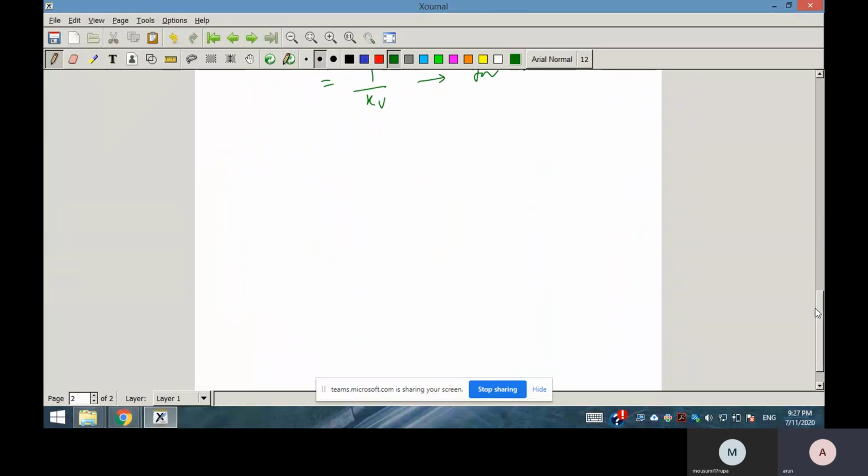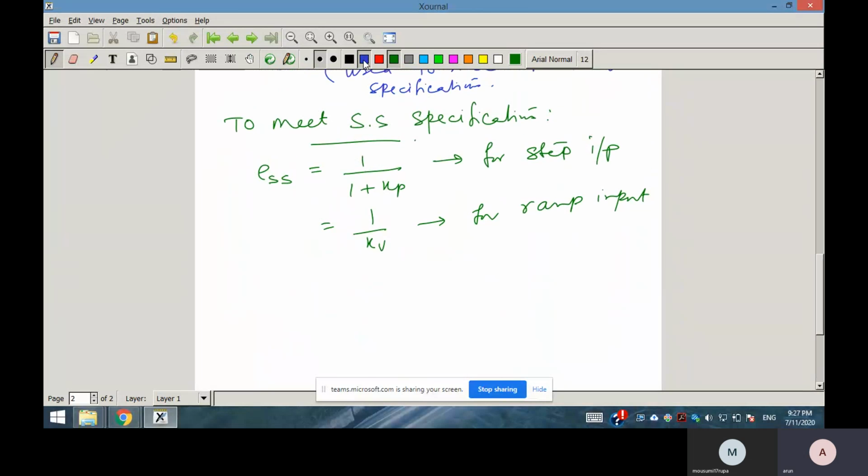Tracking error, which one? E equals R minus Y. So now what is your KP? KP equal to limit s tends to 0 of LS. What is your LS, the loop transfer function? Limit s tends to 0 of K into GS into HS.